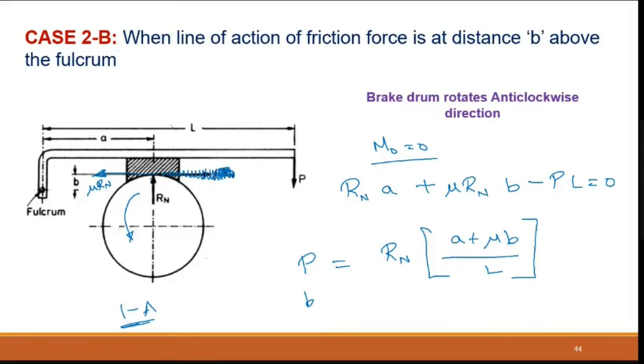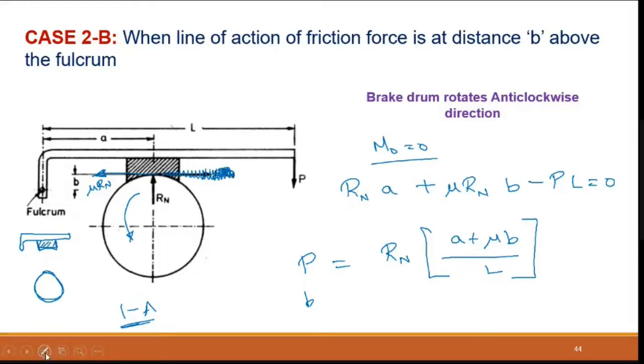See, when I draw a free body diagram for your drum alone, it will be like this. Let me consider a lever, it is like this. Okay, this is my lever.